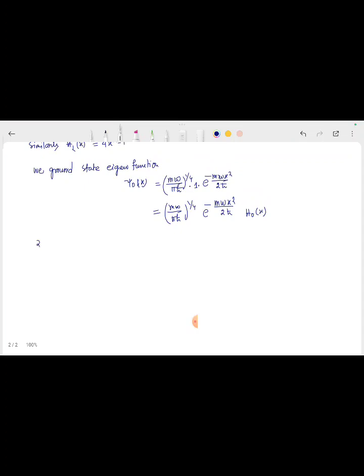Okay, so the first excited state eigenfunctions. Psi_1(x) equals (m omega / pi h-bar)^(1/4) (m omega / 2h-bar)^(1/2) 2x e^(-m omega x^2 / 2h-bar).